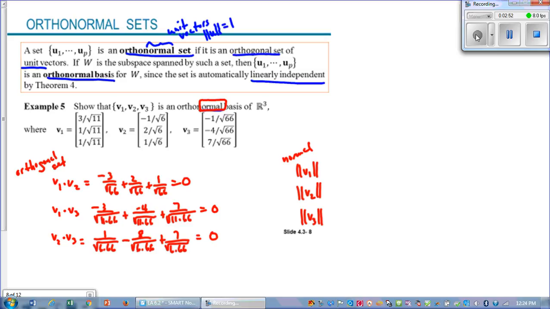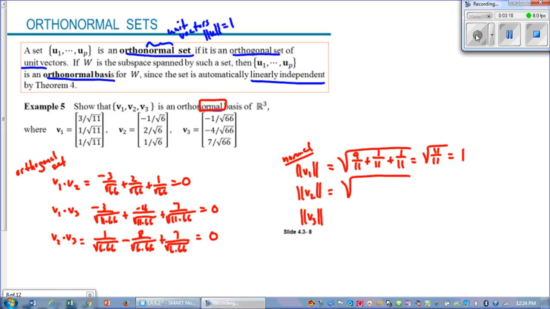Now let's show that they're normal, have length 1. The magnitude of v1 will be the square root of 3 over the square root of 11 squared, so that'll be 9 over 11, plus 1 over the square root of 11 squared, which is 1 over 11, plus 1 over the square root of 11 quantity squared is 1 over 11, which is the square root of 11 over 11, which is the square root of 1, which is 1.